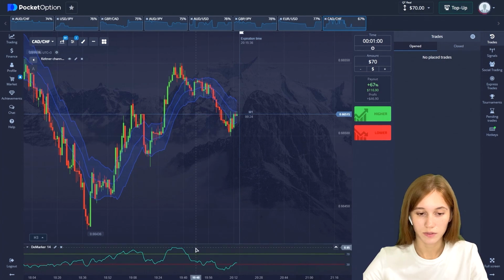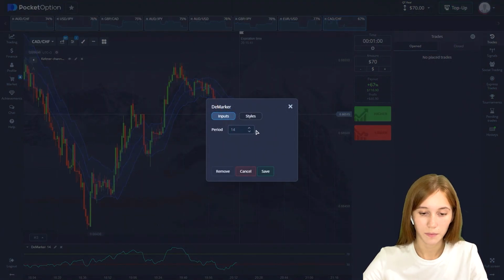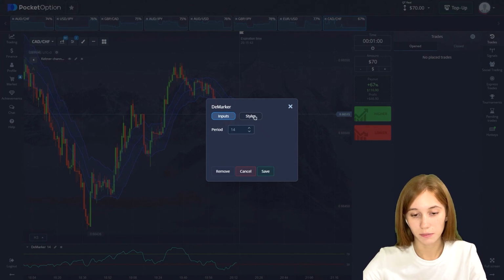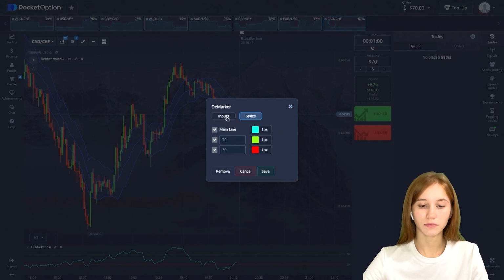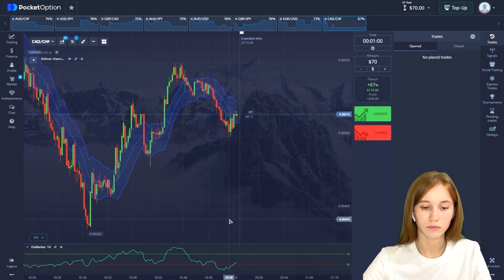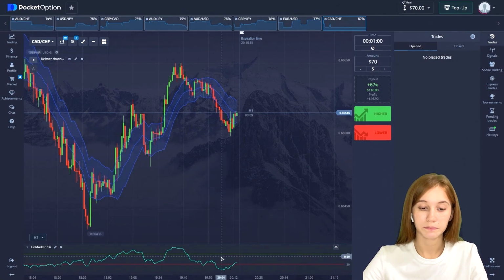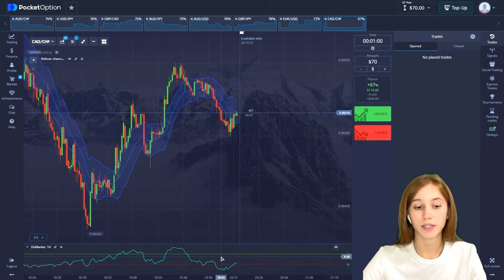And the second indicator, you can see these settings, also quite simple. I can copy it. It's a popular indicator, an oscillator.